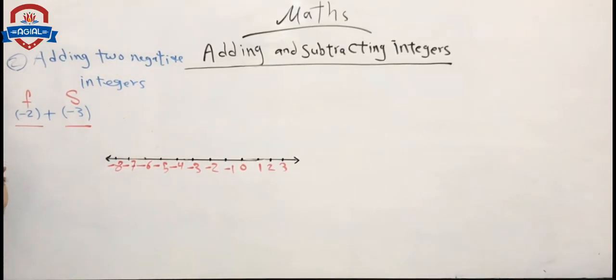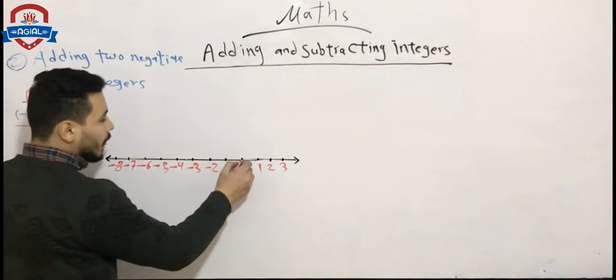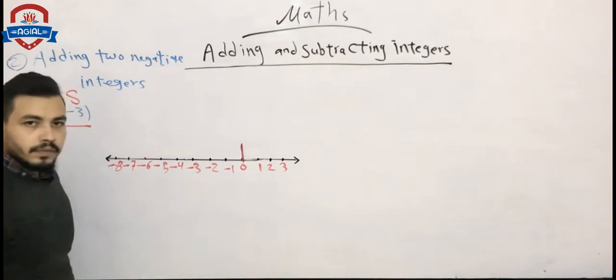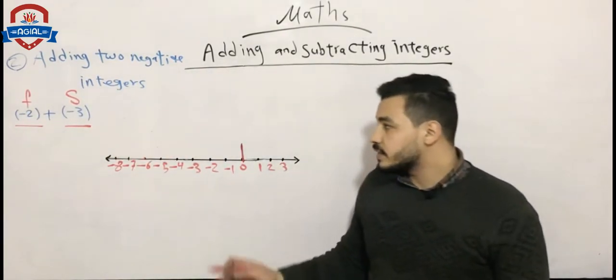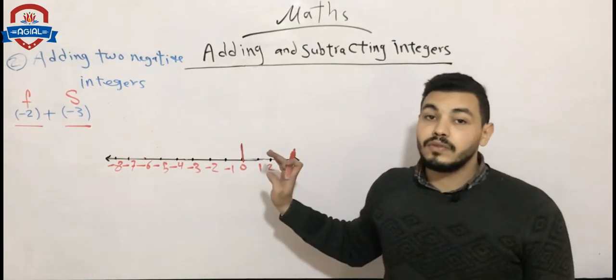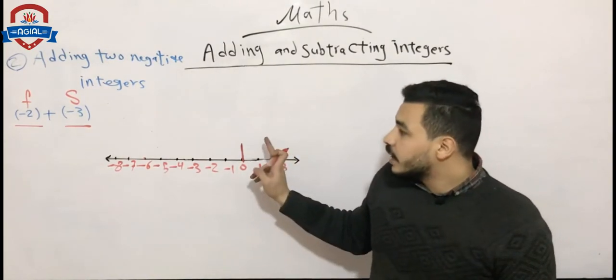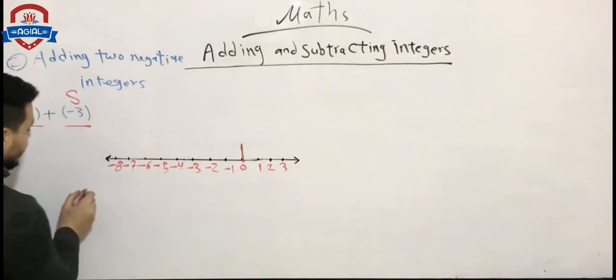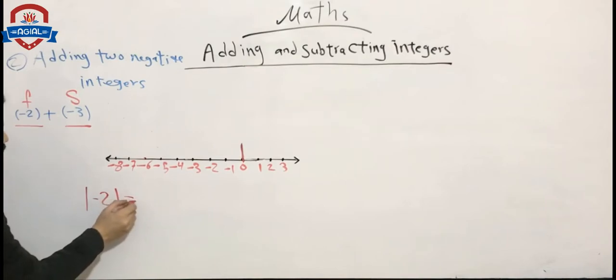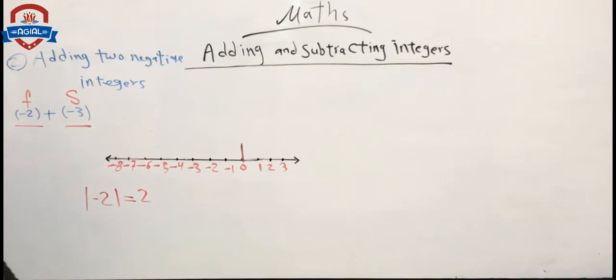So if we need to add -2 plus -3, we start from 0. Now the sign of the first number is negative. So we need to move to the left the absolute value of -2. The absolute value of -2 equals 2. So we need to move to the left 2 units.